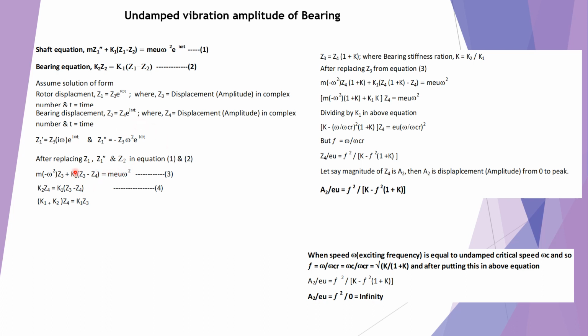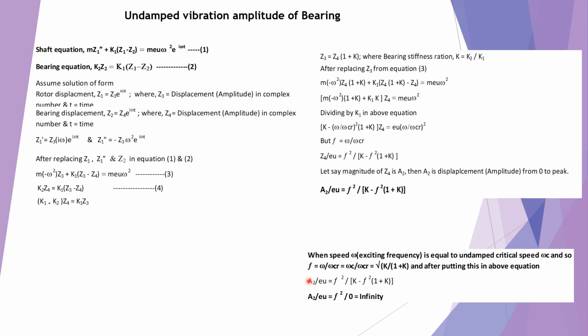So putting the value, you can differentiate z1 differentiation, then z1 double differentiation. So after replacing z1 double dash and z2 in equations 1 and 2, we can achieve equations number 3 and 4. So after further analysis and simplification, we can get A2 upon e u is directly f square upon (k minus f square into (1 plus k)), where k is k2 upon k1 and f is equal to omega upon omega CR.